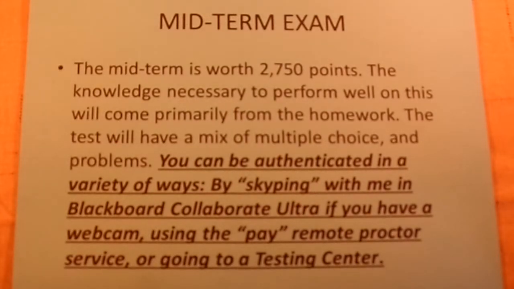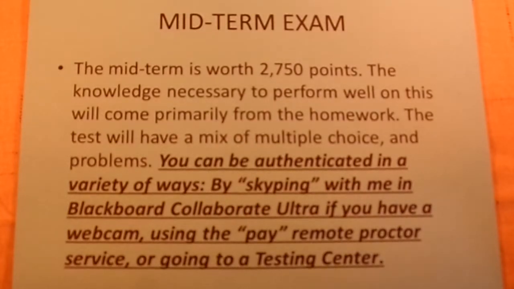You can be authenticated in a variety of ways. One is in a webcam setting on Blackboard Collaborate Ultra. Many people think of this as Skyping. Here, as long as you have a webcam, I can meet you in there and you can take your test.